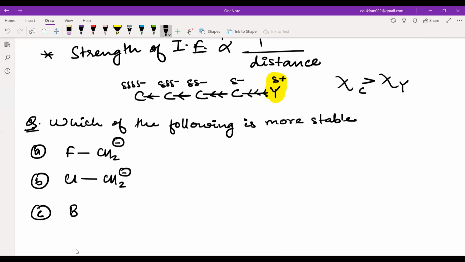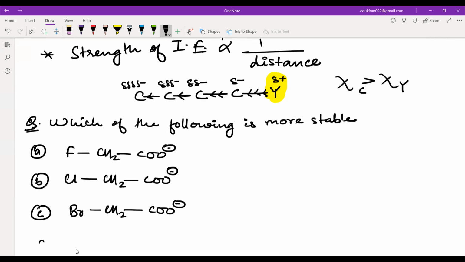And suppose you have a bromine group attached. Wait a second. Let me make it COO negative. This will help you more. COO negative. And let us say, if you have an iodine group attached to CH2COO negative. Okay. Write this down. Let me know if you're done. Then you will explain which is more stable and why.